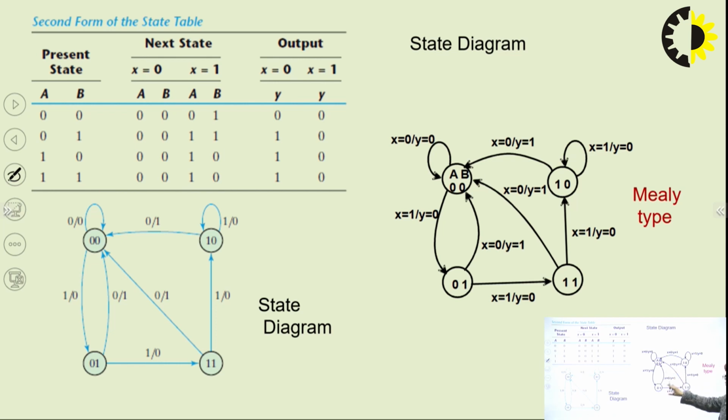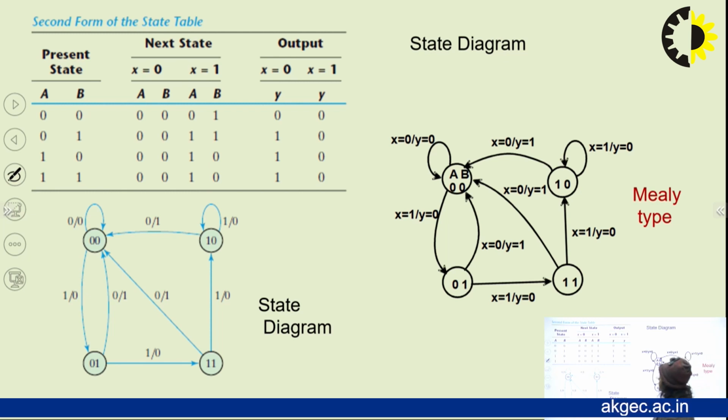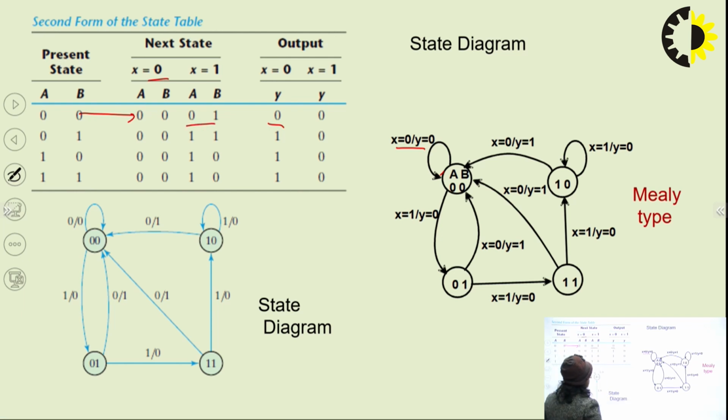With 0 0, 0 1, 1 0, 1 1 labeled, we see that for 0 0 to 0 0, input 0, output 0. For 0 0 to 0 1, input 1 and output 0. And similarly for all the possible combinations: from 0 1 to 0 0, from 0 1 to 1 1, input 1, output 0.